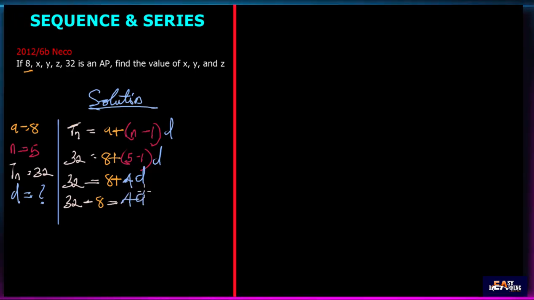We are looking for D. Subtracting, 32 minus 8 gives us 24.